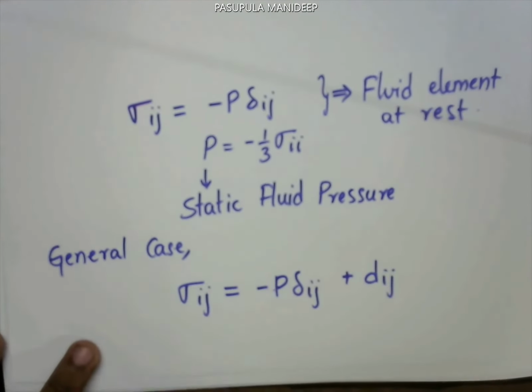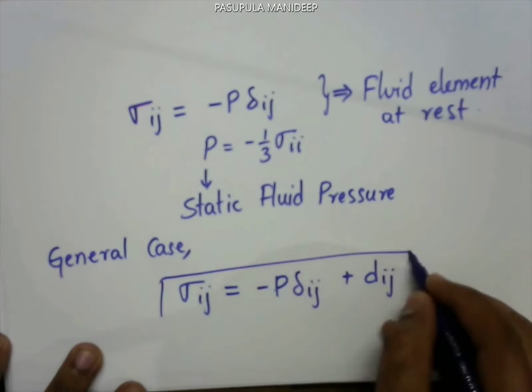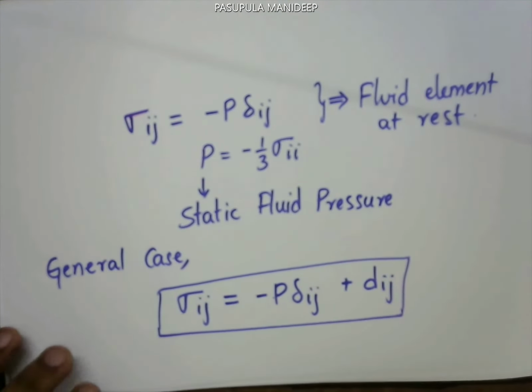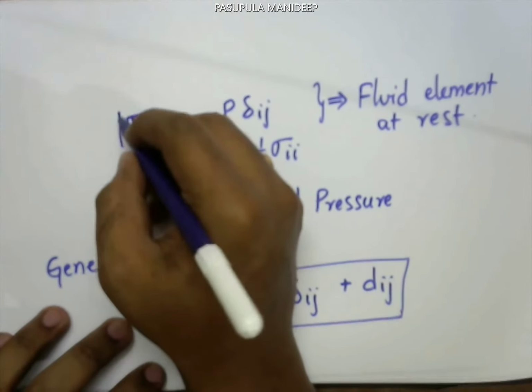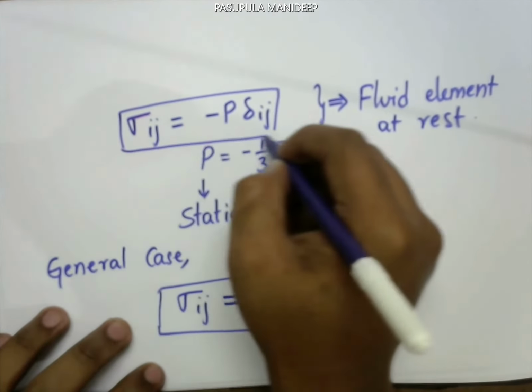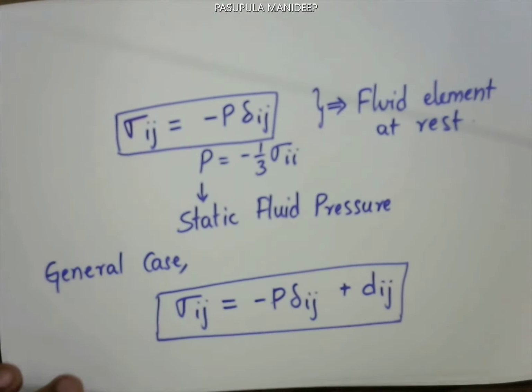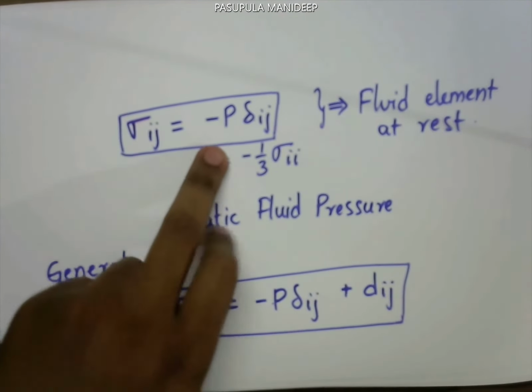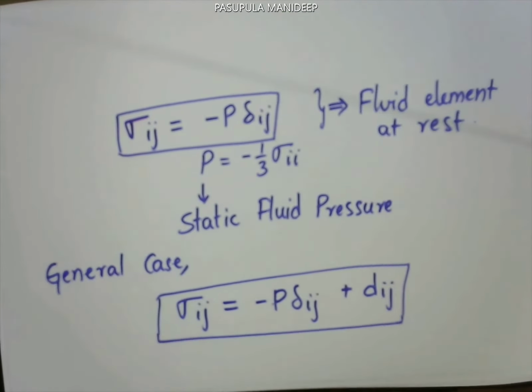Now this is a general case. We will use this expression in our further discussion, but as of now, our main goal of this video is sigma ij equals minus p delta ij.